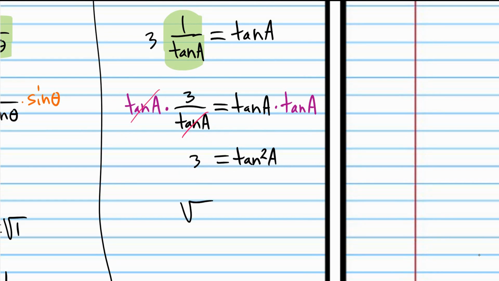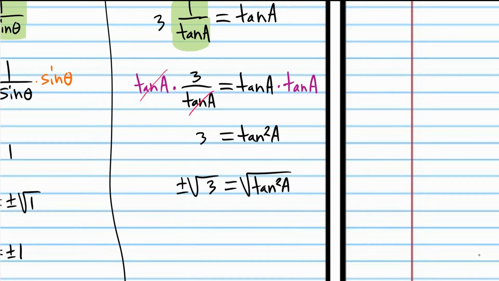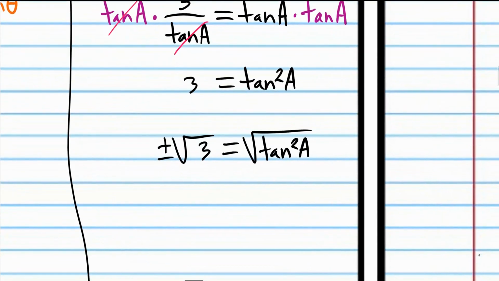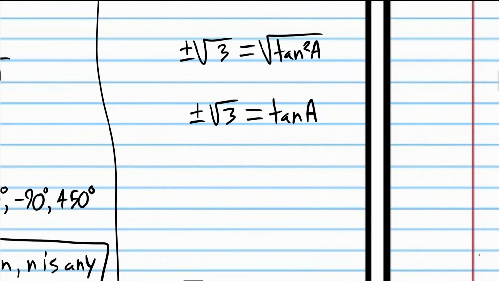So now we're going to square root both sides of the equation. And remember, when you square root both sides of an equation, the most common mistake students make, or one of the most common mistakes, is they forget to write a plus or minus symbol. And so we have plus or minus root 3 is equal to tangent A. And we recognize that as x root 3 over x, or plus or minus x root 3 over x.